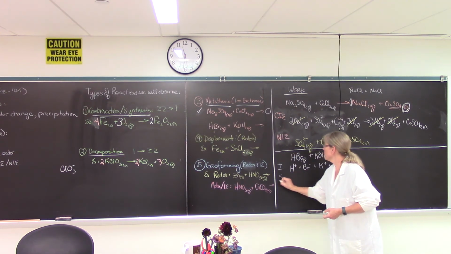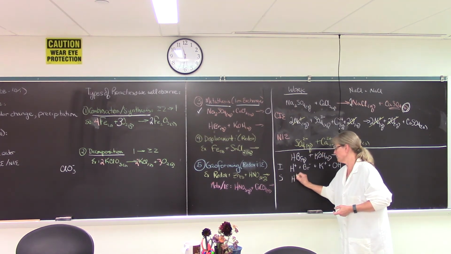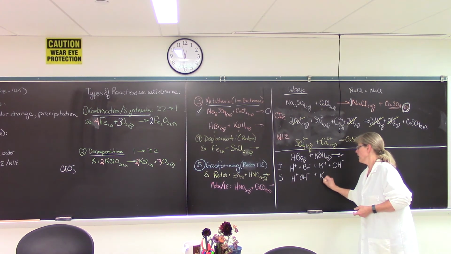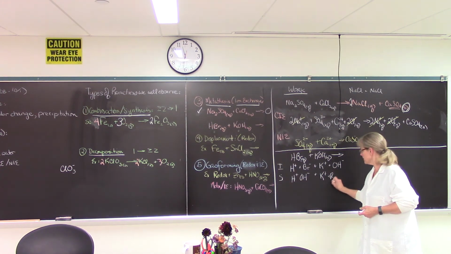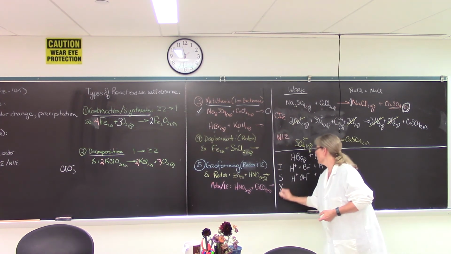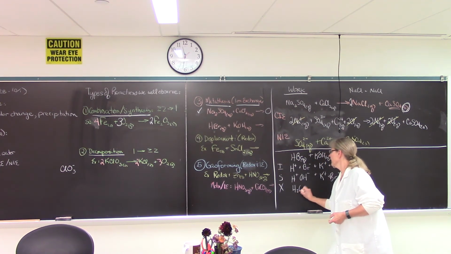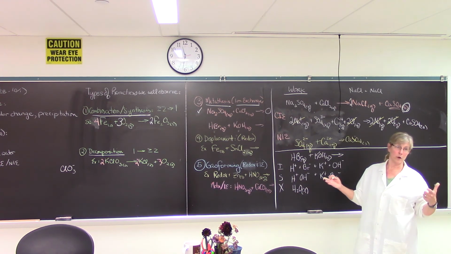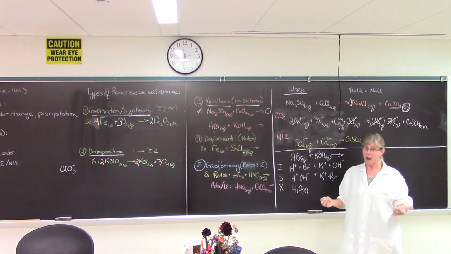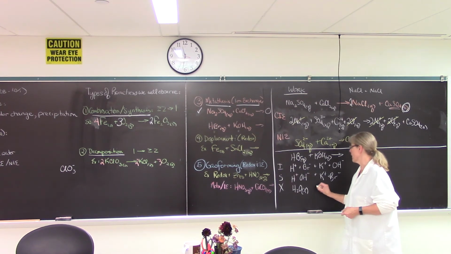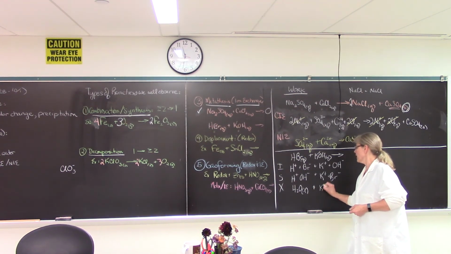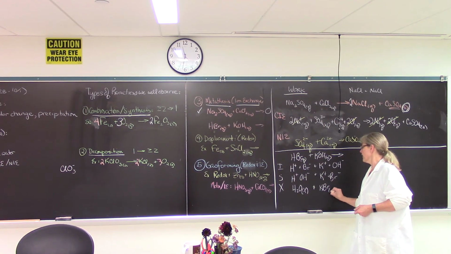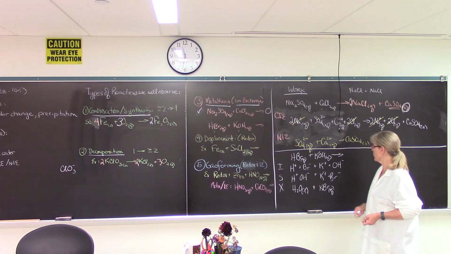Our next thing is we're going to swap our anions, H plus, OH minus, K plus, and Br minus. Now we're going to cross over, we get water. Hey, I don't even need to look that one up. I know that's a liquid, I know that's a product. That's the driving force for a neutralization reaction. And I also get KBr. And if I were to look that up, I would see that's aqueous.